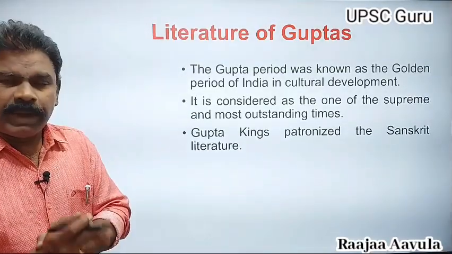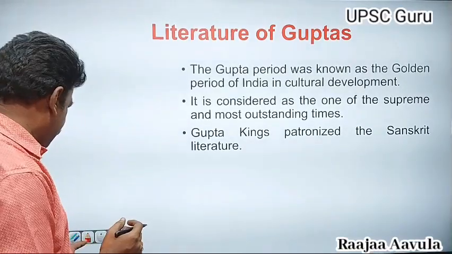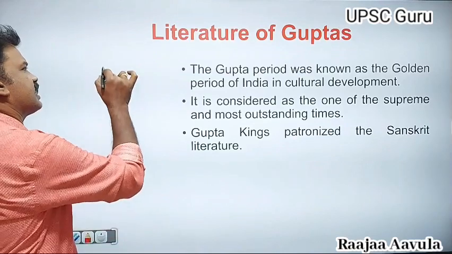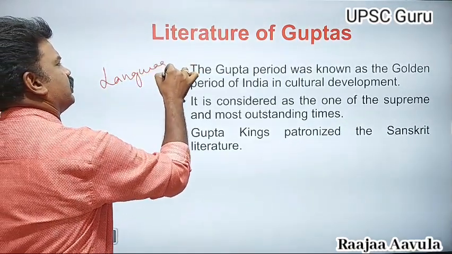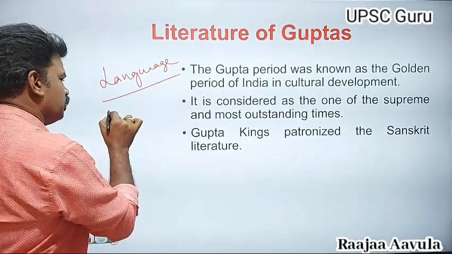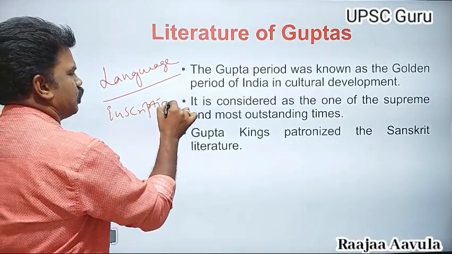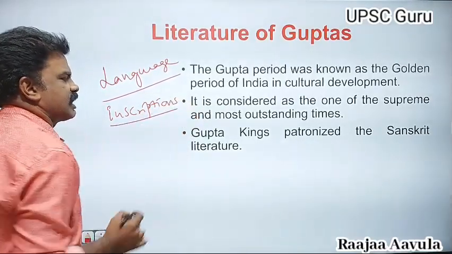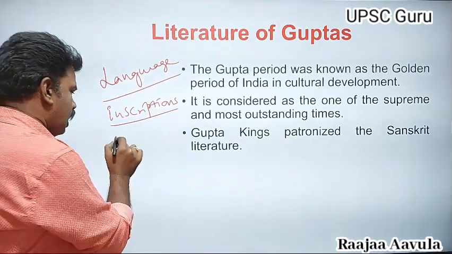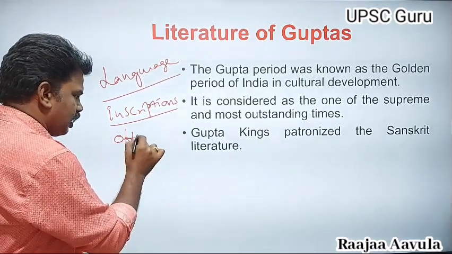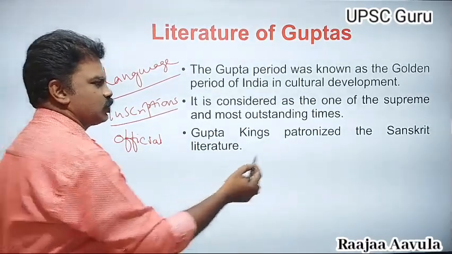Gupta kings patronized Sanskrit. The main language they patronized was Sanskrit. The official language of that period was Sanskrit. They issued inscriptions in the Sanskrit language. The official court language was also Sanskrit.